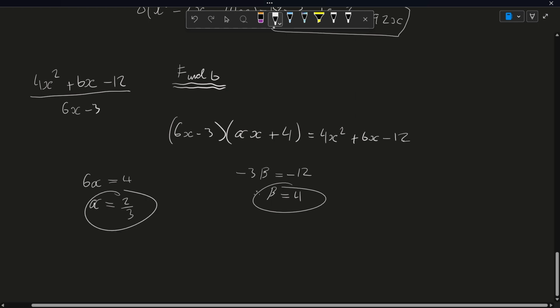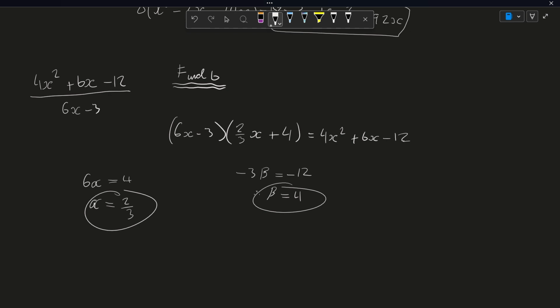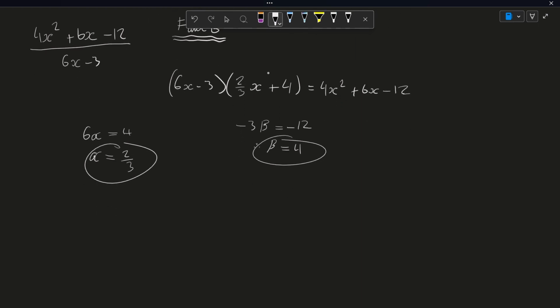First, this looks wrong, but it's not for some reason. It just works. Then if you multiply this out, 6 times 2/3 is just 4.